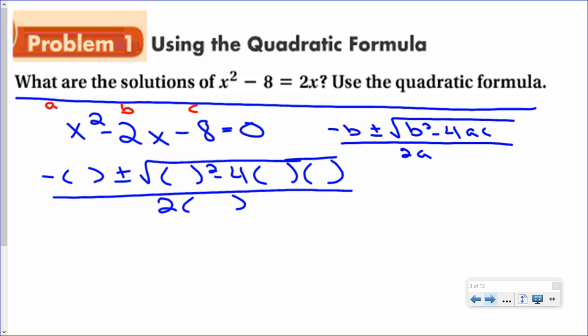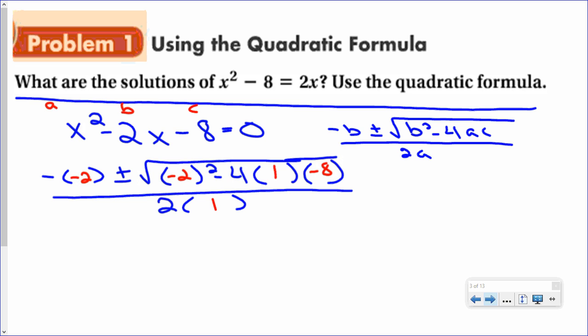Now I got to fill in the right numbers in the right spots. All right, so your b value is first. Your b value is negative 2. It goes twice. Your a value is 1. Your c value is negative 8. Your a value is 1.